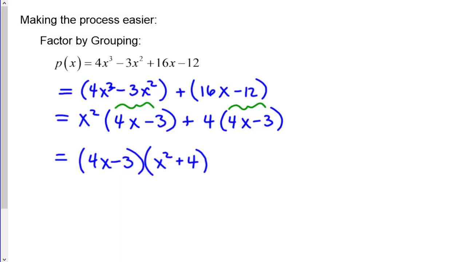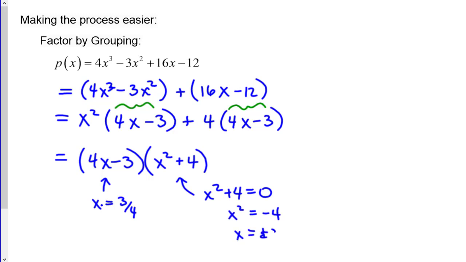So without any work plugging into the calculator or anything, we've already found one of our zeros here as 3/4. From this polynomial, I can set that equal to 0 and come up with x equals plus or minus 2i as the remaining zeros.